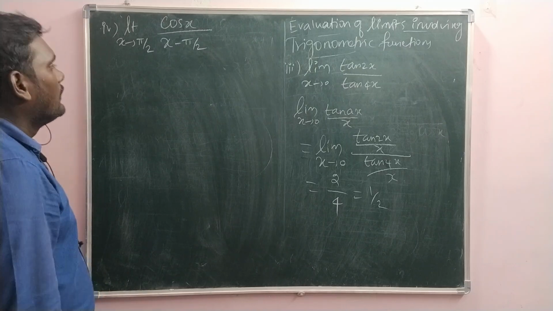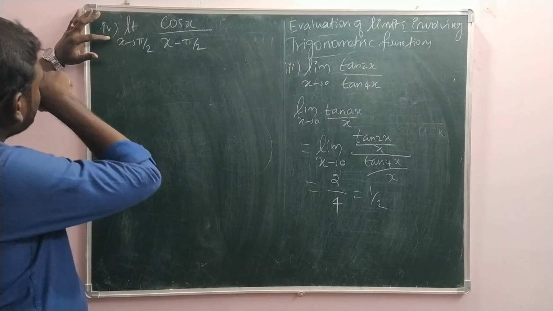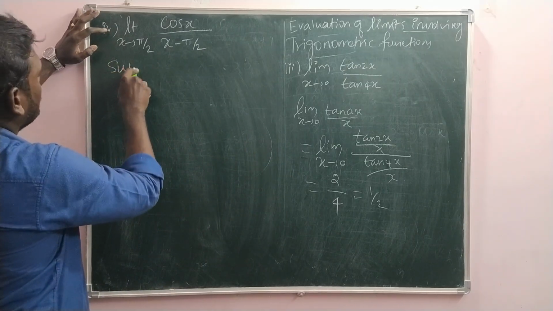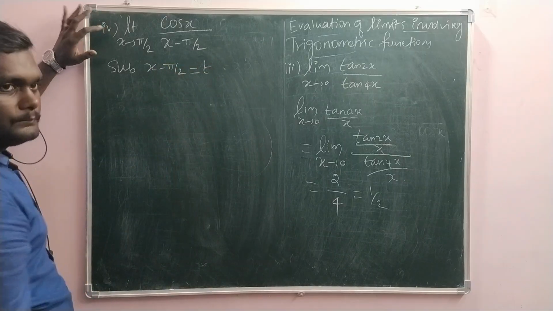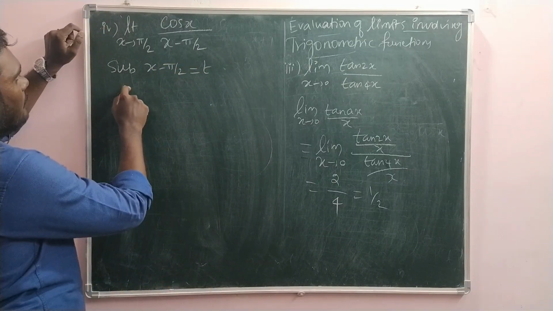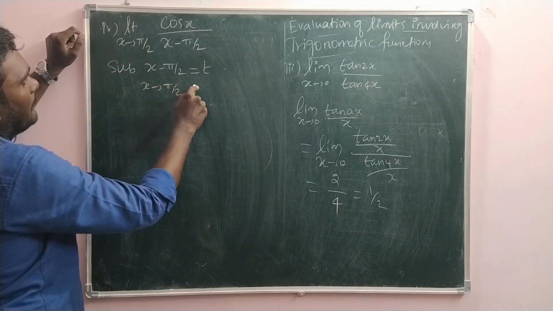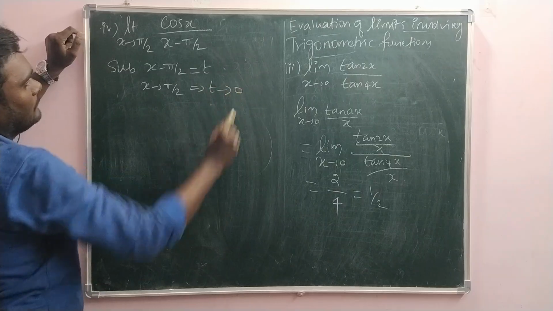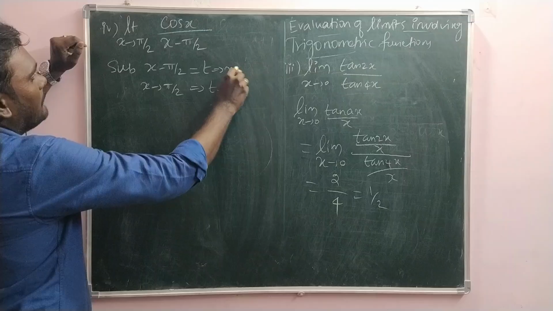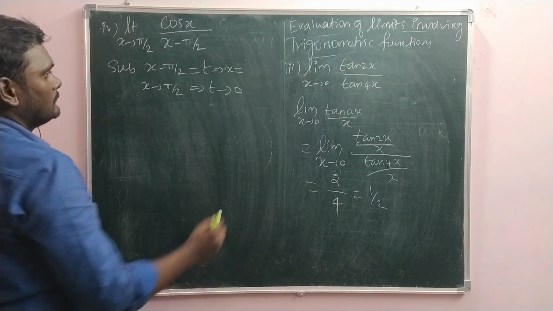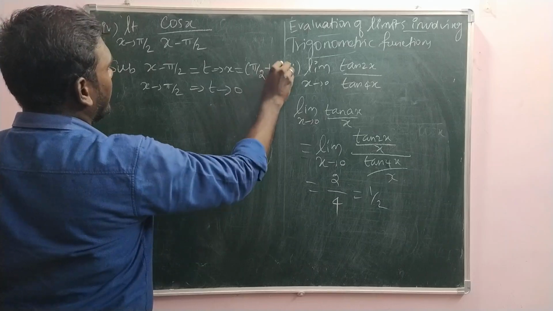So convert into what? See, I am going to substitute this x minus pi by 2 as t. Okay. Then when x approaches pi by 2, t approaches where? 0. Okay. And what is the value of x from this? Pi by 2 plus t, is it?